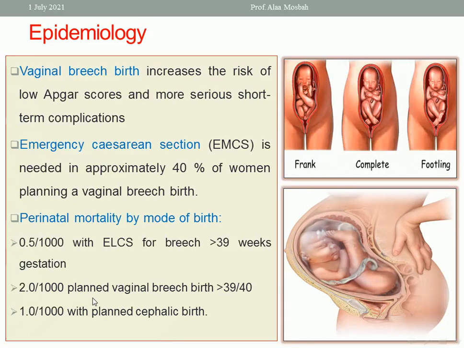This means that vaginal births carry a higher perinatal mortality.